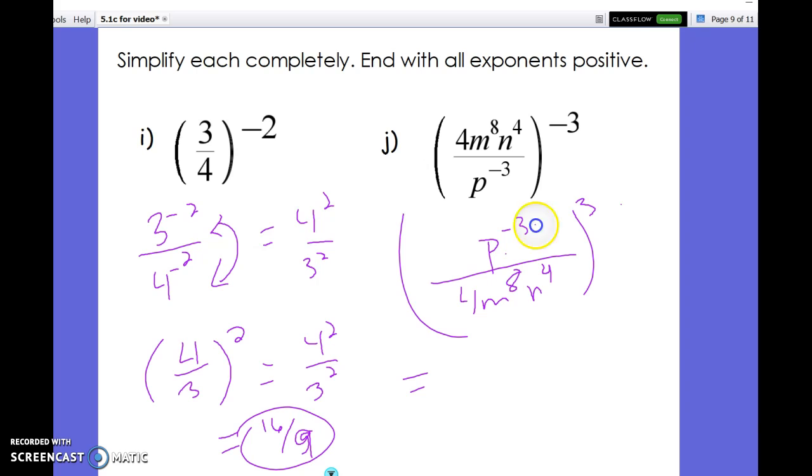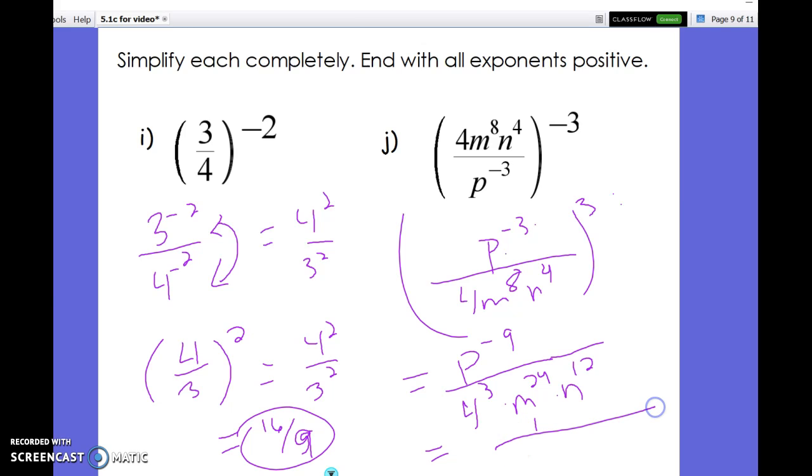So p to the -3rd raised to the 3rd power will be -3 times 3, which is -9. 4 to the 1st power raised to the 3rd power leaves us with 4 to the 3rd power. m to the 8th power, well, 8 times 3 is 24, and then n to the 4th power, 4 times 3 is 12. One last step, right, because we have a negative 9 in our numerator, so we need 1 over 4 to the 3rd times m to the 24th times n to the 12th times p to the 9th power, and that is our final answer.